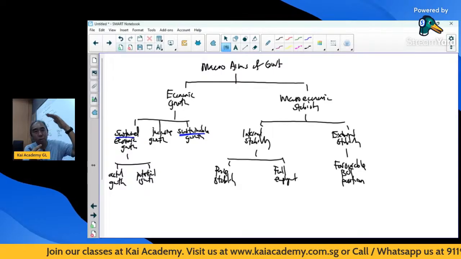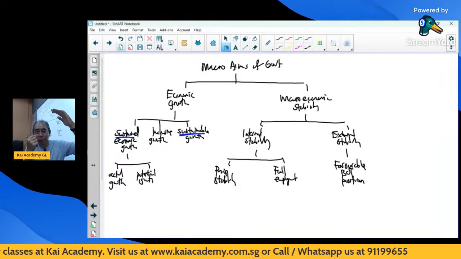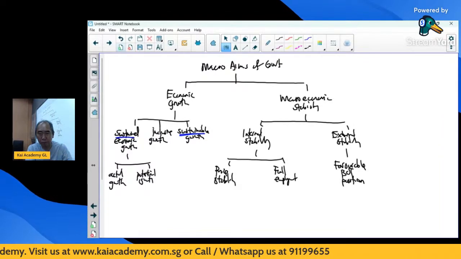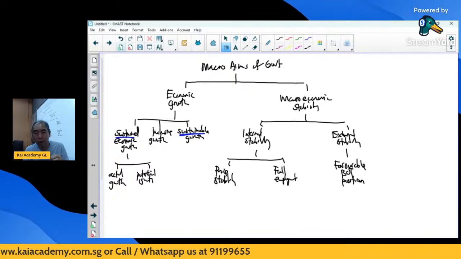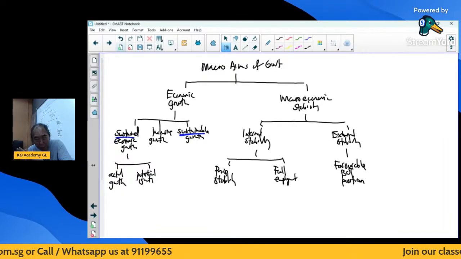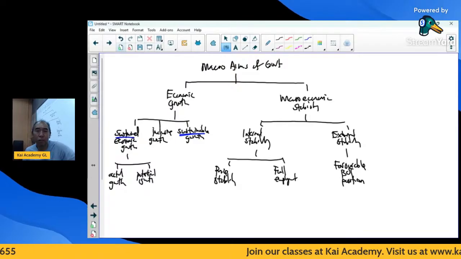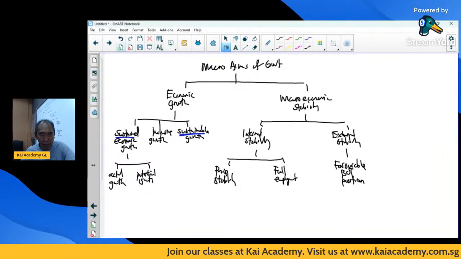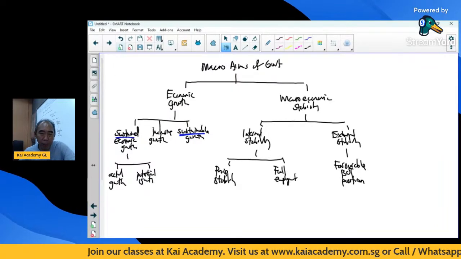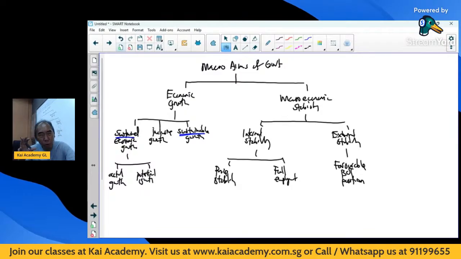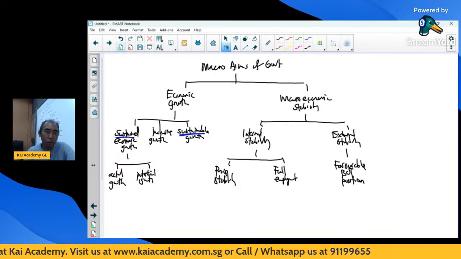So PBC shifts out, creating room for future growth to continue. Sustainable growth is about not just this over time, but also across generations of people in the country. So there's a much longer time frame. It's also about the method of growth. So there are two slightly different things.